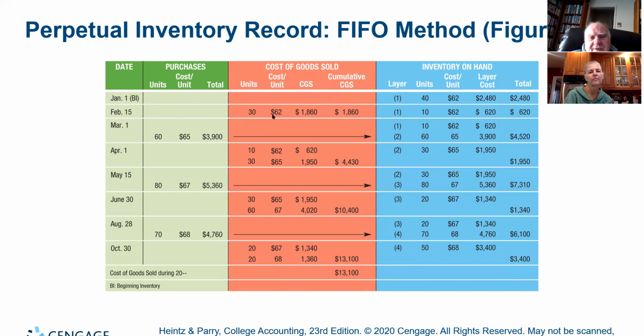They sold 30 at 62. That was the oldest price. That left you with 10 for the next sale. This is just showing you that under the perpetual system, you're going to start driving those cost of sales numbers as the sale is made, not at the end of the month, like we just learned. It's going to come out the same at the end.